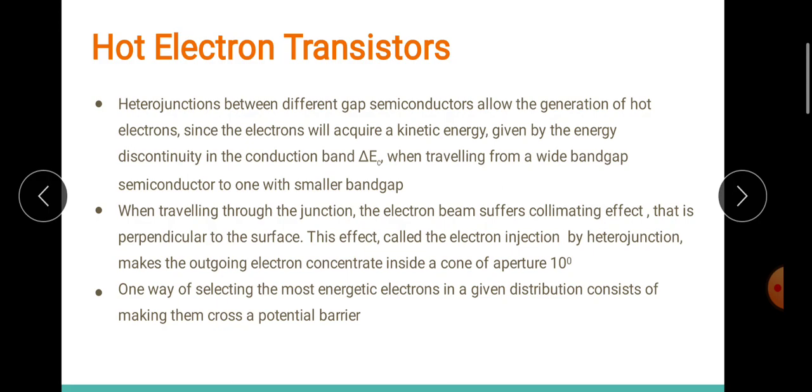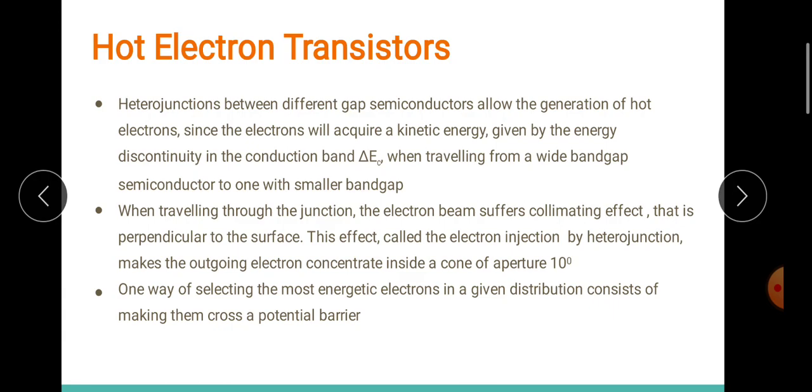You can imagine a big plate which is injecting electrons, and a very small hole for these electrons to go through. In the presence of an electric field, this huge set of electrons will start converging to go through this hole. That's what happens here. The electrons which cross the junction are converged, and they finally occupy only a very small space inside the structure. This phenomenon is called electron injection by the heterojunction.